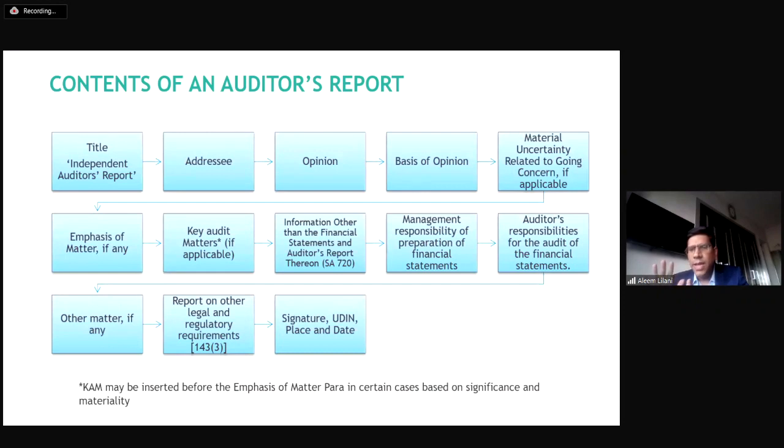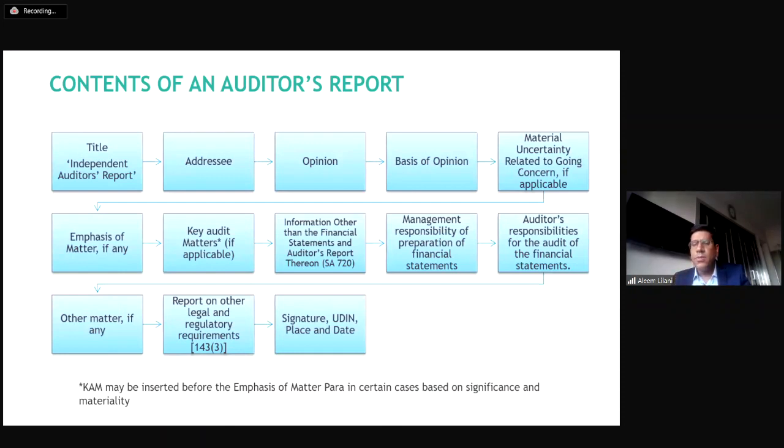If your management tells you, no, please remove this part, this is not my responsibility, I'm sorry, we should not touch this para, because the auditing standards themselves are saying that management has to take on this responsibility, and only then we are going to do the audit. Okay, so do not easily accept any tweaks on this para from your client. Please consider in depth.